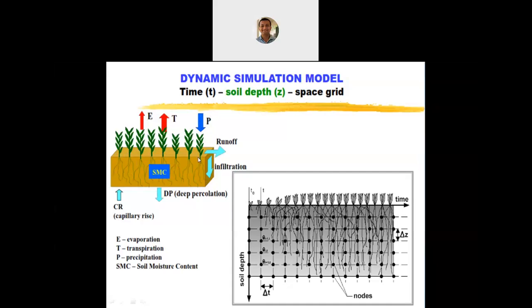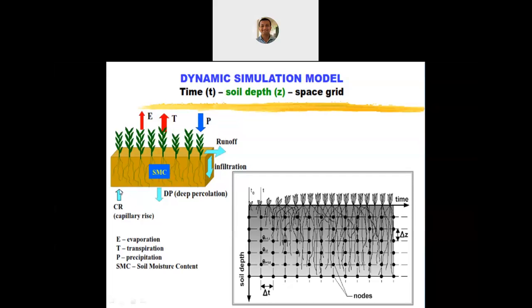From precipitation, the water is received by the soil, or maybe from irrigation. Now, there are other loss factors like runoff and deep percolation.